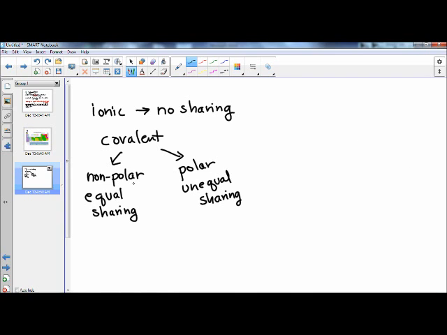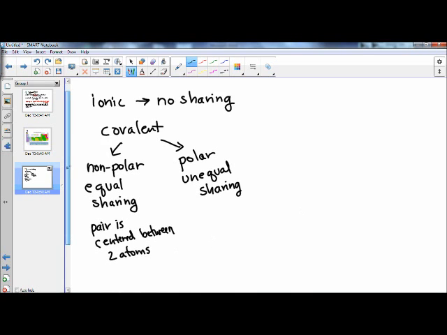Now, the reason they're called nonpolar and polar is that a nonpolar bond means the pair of electrons is centered between the two atoms.